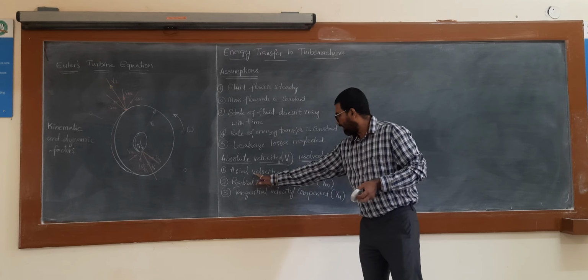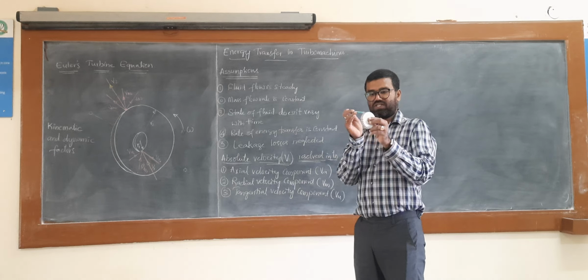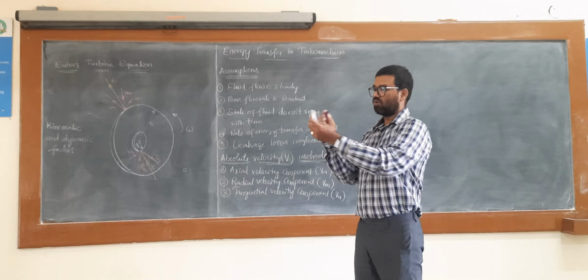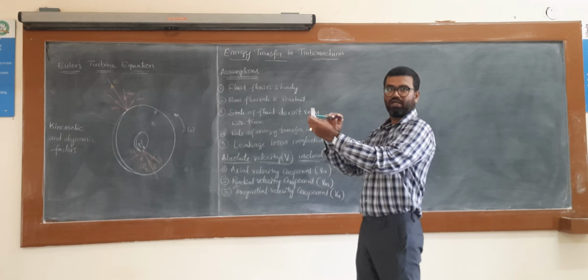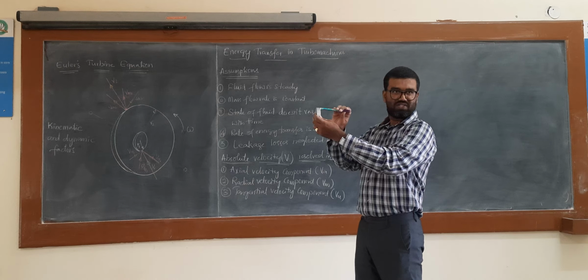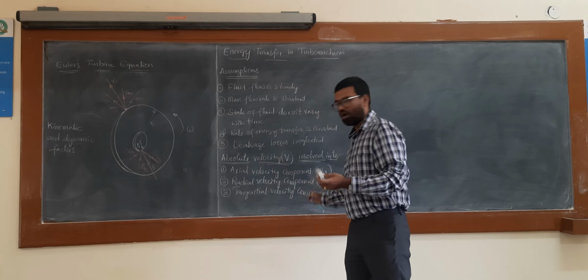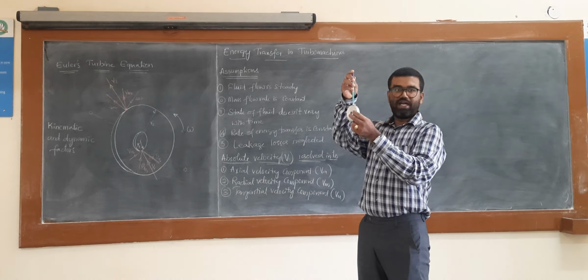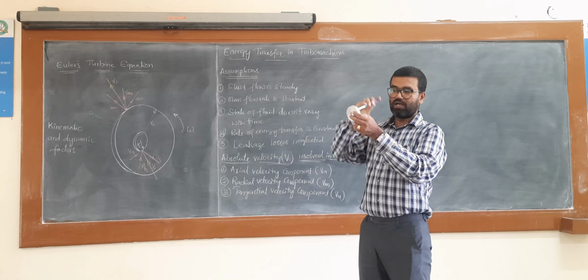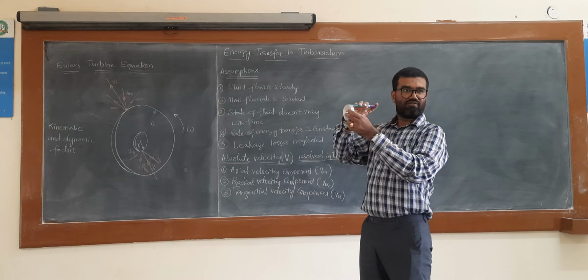The axial velocity component means which is in the direction of the axis. Suppose this is the rotor, this is the axis. The VA will be resolved in the direction of axis. Next we have the radial velocity component, which is in the direction of the radius of the rotor, perpendicular to the axis, like this. This is the VM, this is the VA.